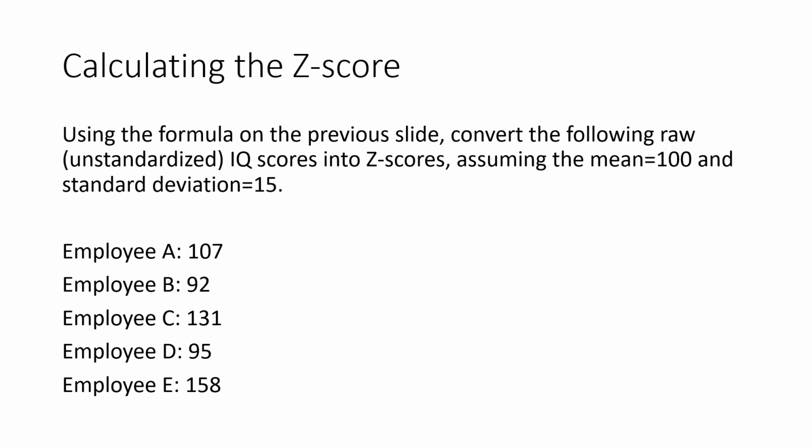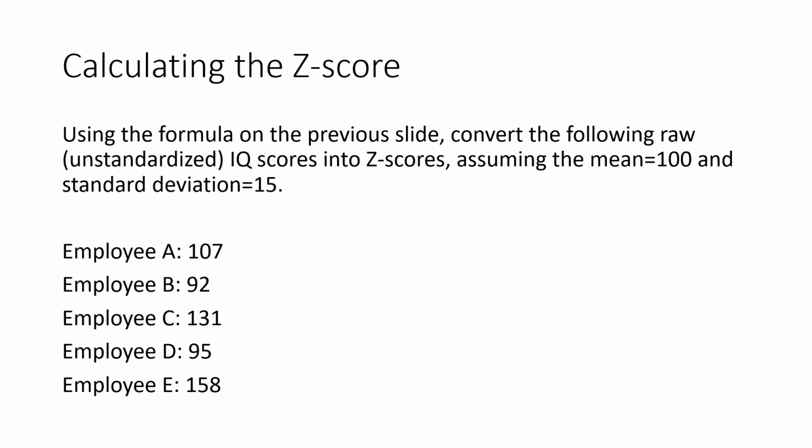All right, let's calculate a few z-scores for your benefit. As I said, it's fairly easy using the equation on the previous slide. So what I'd like you to do is, I have 1, 2, 3, 4, I have 5 different scores here. These are IQ scores, so hypothetical IQ scores. And these are the raw or unstandardized IQ scores.